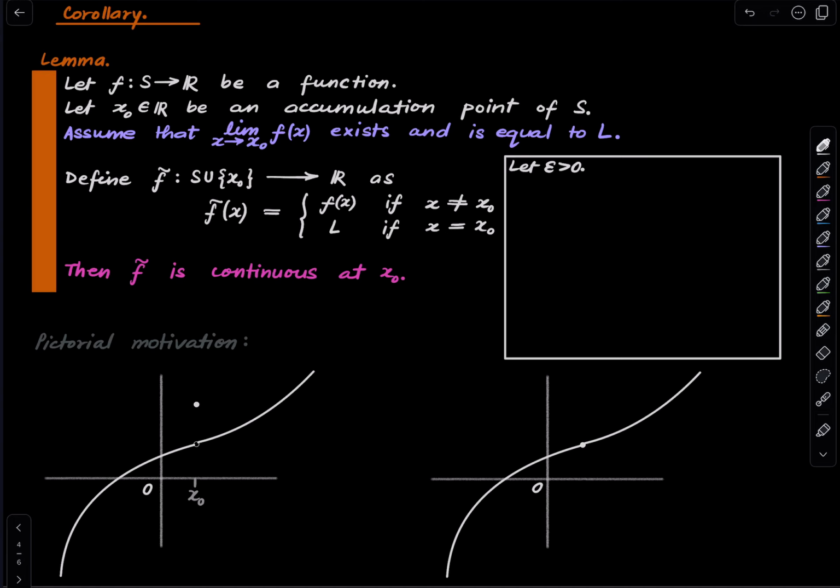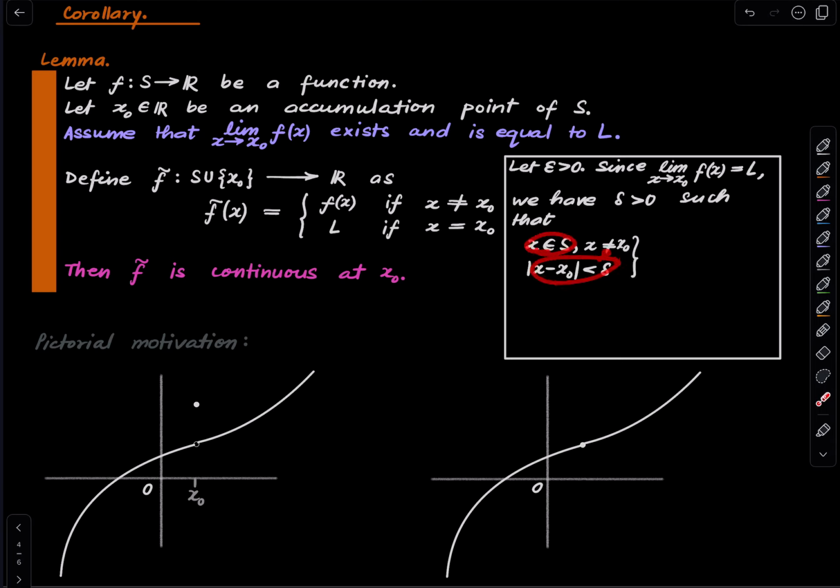So since we have this limit, this is equal to L, we have delta greater than 0 such that if X is in the domain of the function, X is different from X naught, and it is in this delta deleted neighborhood. Yeah, so X is in the domain, it is in the delta neighborhood, but different from X naught. Is same as saying X is in the delta deleted neighborhood of X naught and in the domain.